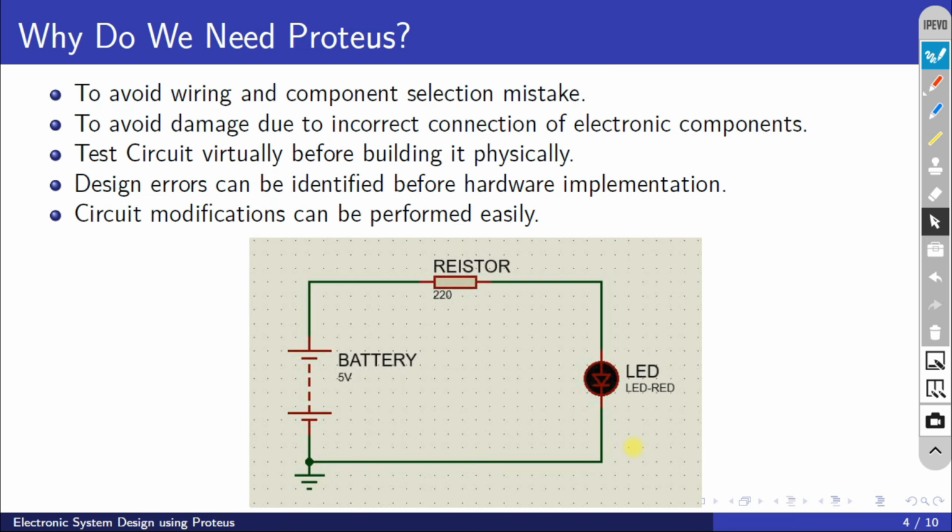In some cases, an incorrect connection can even damage the electronic component. For example, if an appropriate current limiting resistor is not used or connected with an LED, excessive current may flow through the circuit and damage your LED.